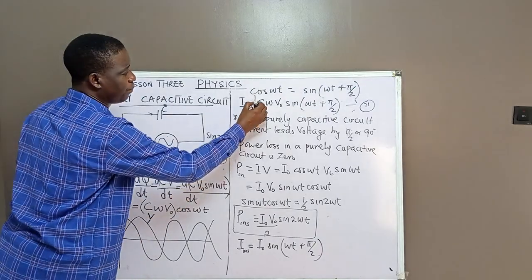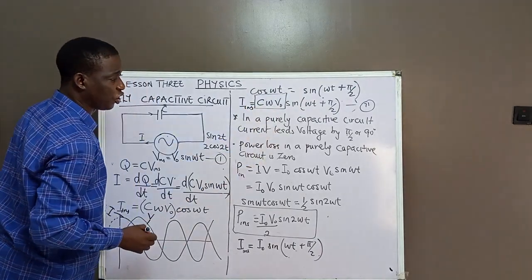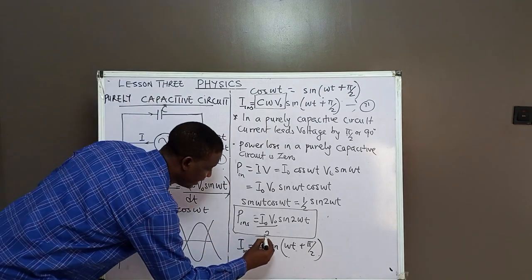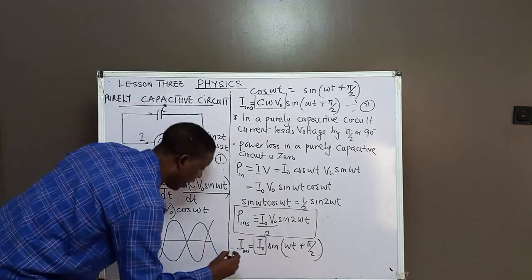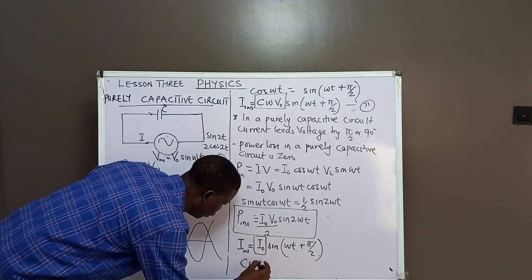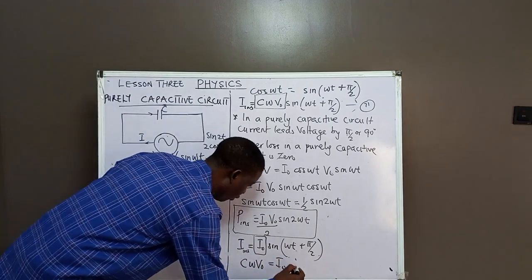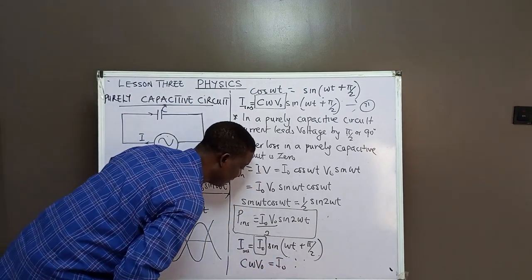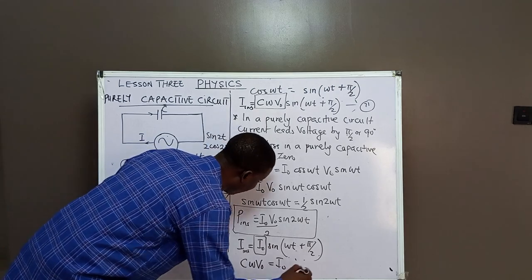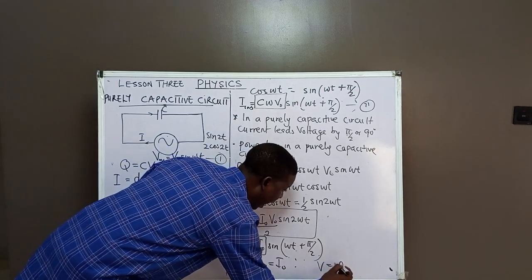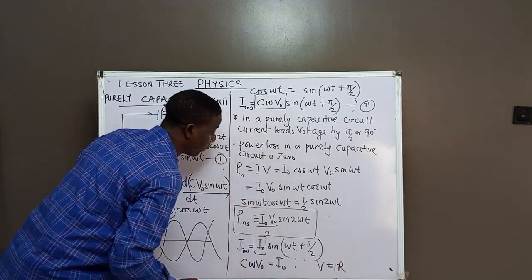If you compare now, bring out the position of maximum current and equate the two of them. What do you have? You are going to have CWV naught equal to I naught. Don't forget, V equals IR in Ohm's law.